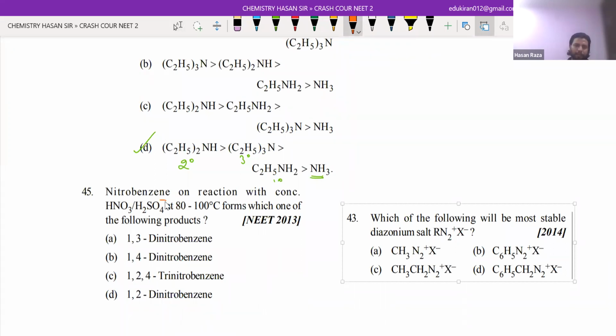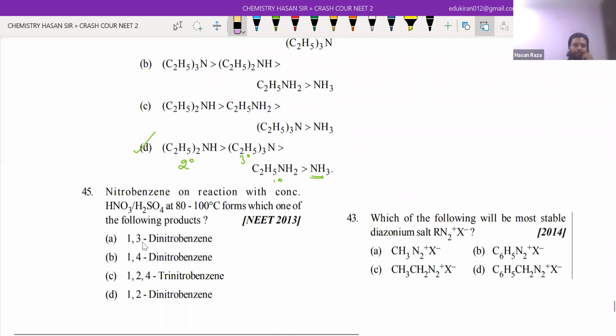If you know the reagent, this very important reagent, then what will happen? Wrong answer.